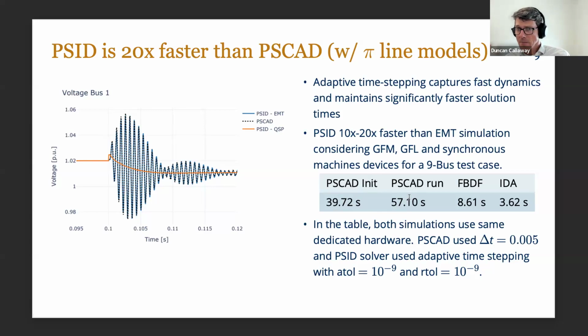And then you can see comparisons to PSID with different solvers, FBDF versus IDA. These are just two different implicit numerical integration solvers. So you can see that we're working with an order of magnitude or faster simulation time.